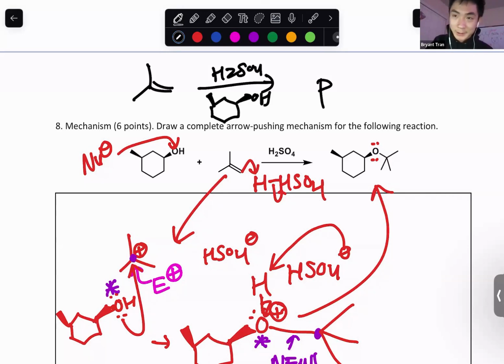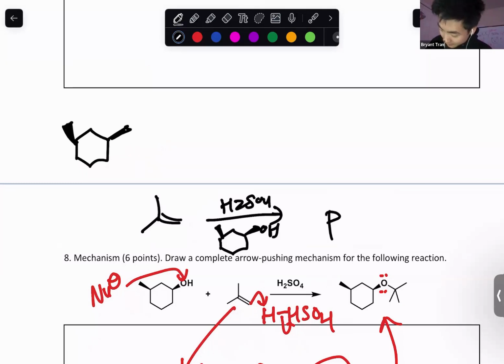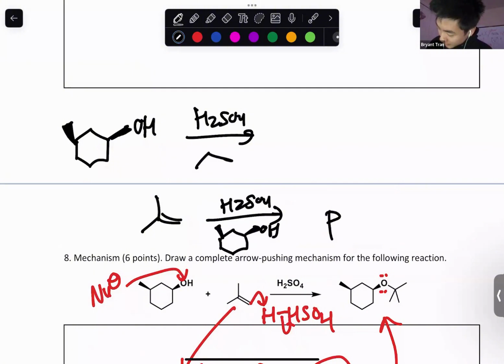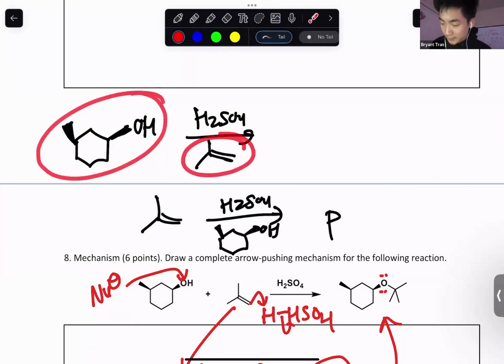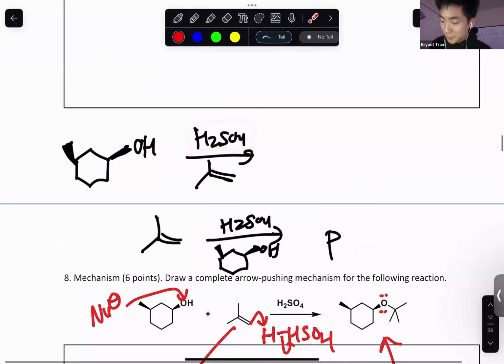If Helix decides to scramble things around, like he could have done this instead. Like he could have put the alcohol on the reactant, acid here, and the alkene right here, right? So just think of it as all the reagents and reactants reacting together with the strong acid, and then be careful here.